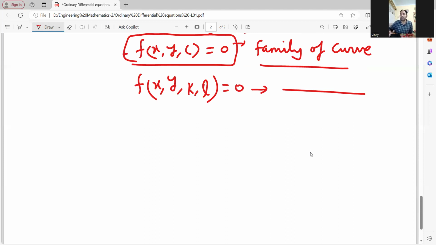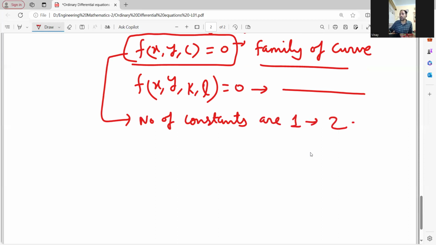If the number of constants is 1, you will need two equations. One is this equation itself, plus one additional equation for finding the differential equation.